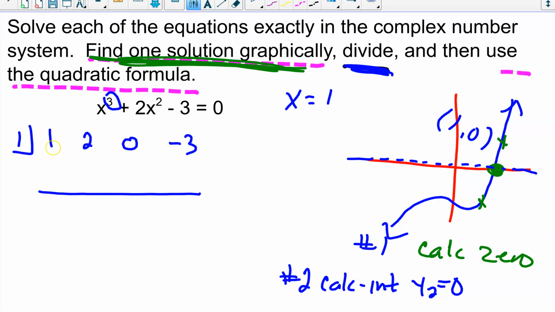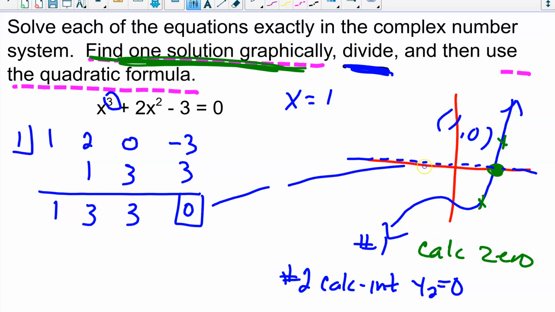Now I'm going to do synthetic division, so I'm going to bring the 1 down. 1 times 1 is 1, add. 1 times 3 is 3, add. 1 times 3 is 3, add. And this should be 0. We're expecting it to be 0 if that is really a solution at 1.